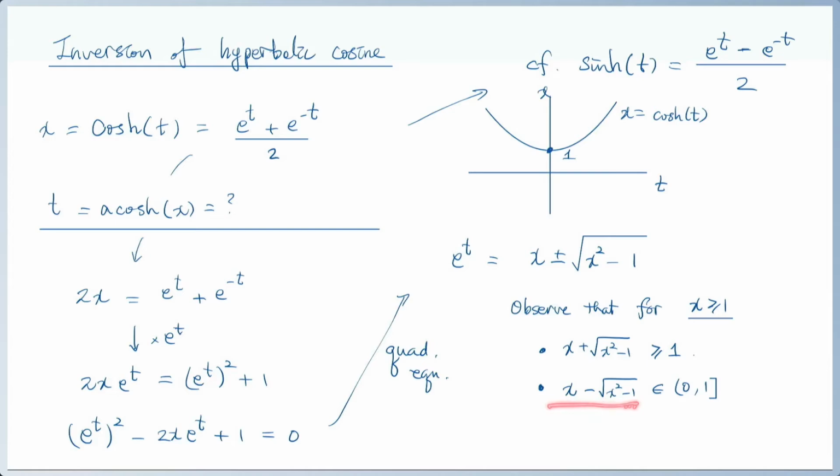So we are going to concentrate on this one. Keep in mind that x minus root x squared minus 1 is between 0 and 1. With that in mind, let's invert. That is, let's solve for t.